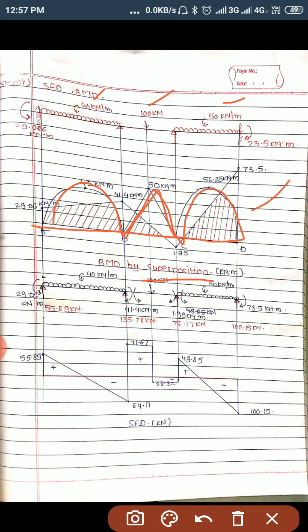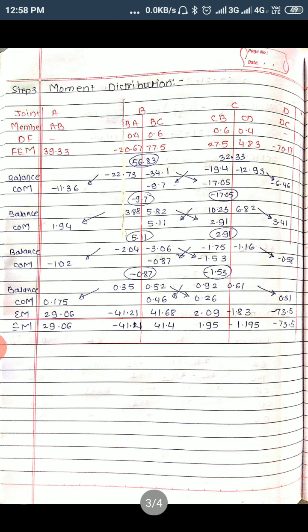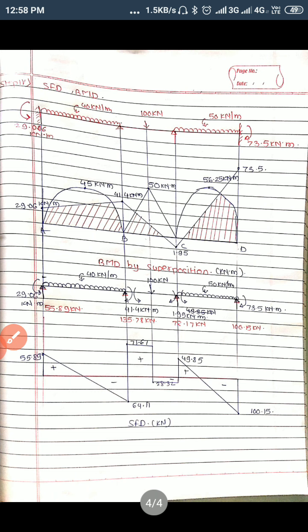This is the bending moment diagram because of external loads, and the bending moment diagram marked with the inclined line is because of the end moments that we have calculated. We mark according to their sign conventions. So this is the bending moment diagram by superposition.